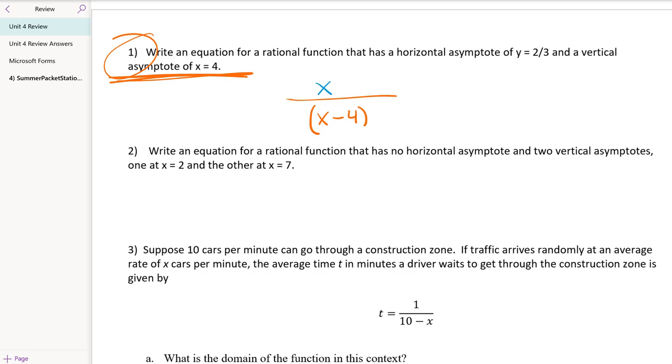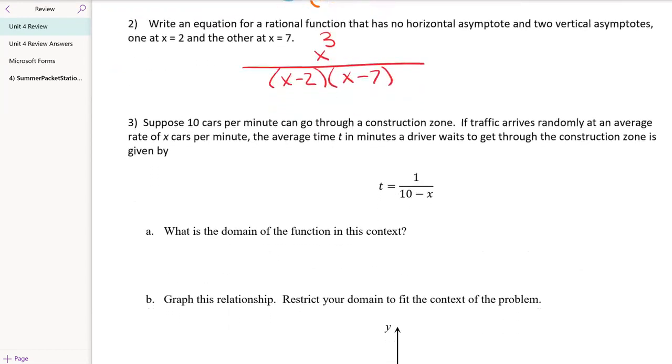So now it's the same exponent, and the leading coefficients should be 2/3. Here, I have write an equation of a rational function has no horizontal asymptote and 2 vertical asymptotes. So 2 vertical asymptotes would be this, and no horizontal means my exponent on top has to be greater, so that's just this. Boom.